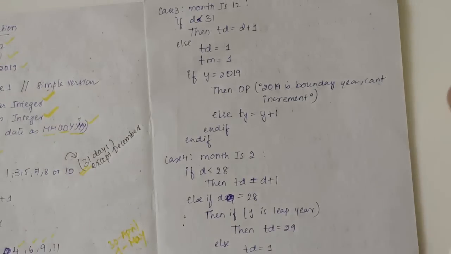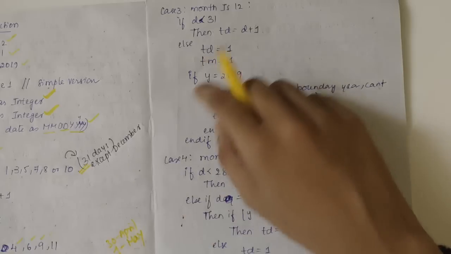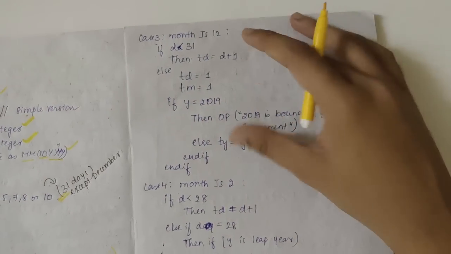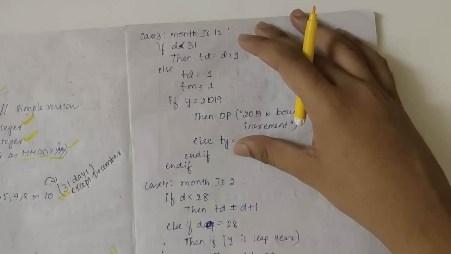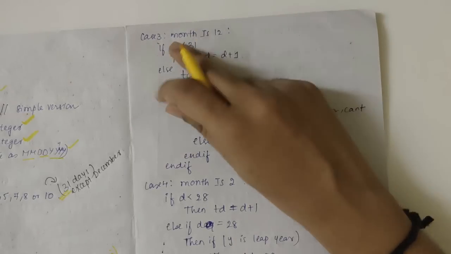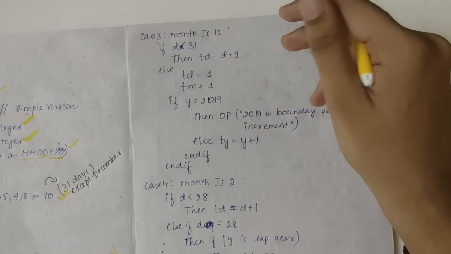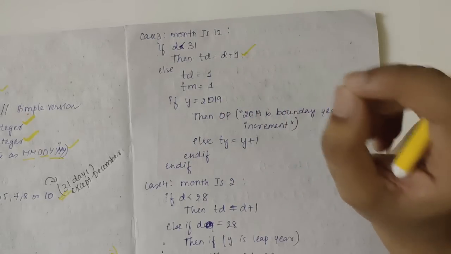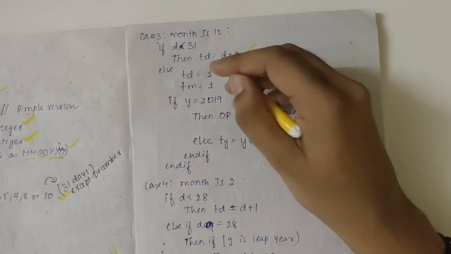Now let's look into the exceptions part. Back then we didn't consider December, though December also has 31 days. We'll look into it as a separate case now. So if D is less than 31, then D would get incremented. Else, if it is 31st of December, we'll get into the new year, right?